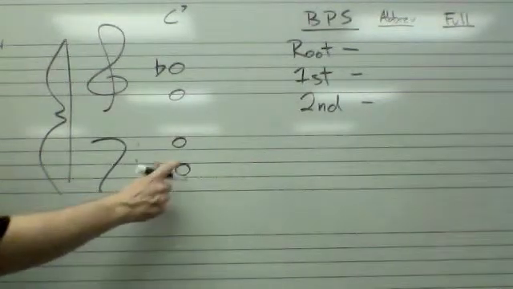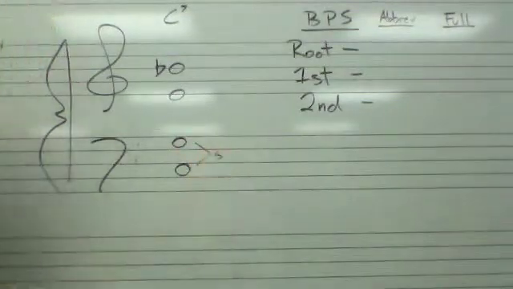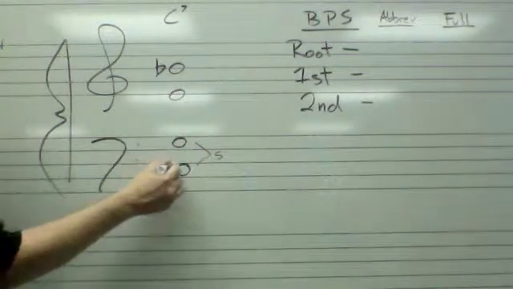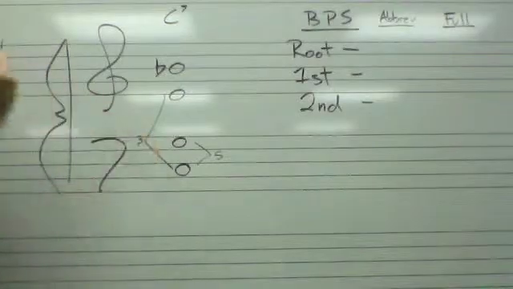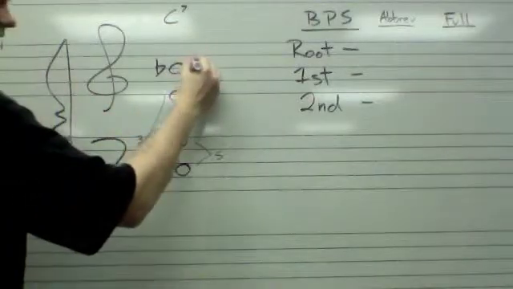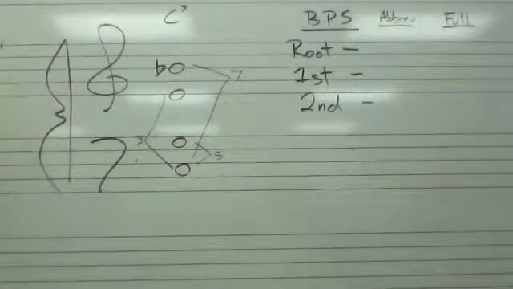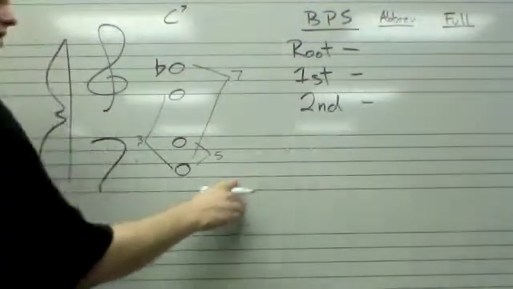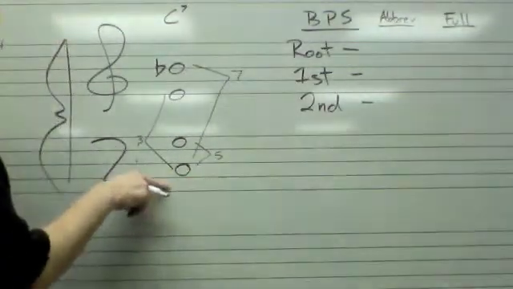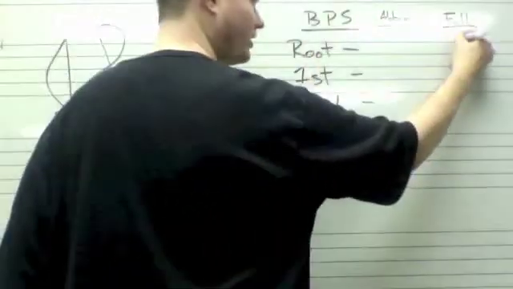We have the interval of a fifth. Remember, I'm looking only above the bass. We also have the interval of a third, and we have the interval of a seventh. So the full version of the bass position symbol for a root position seventh chord is 7-5-3.